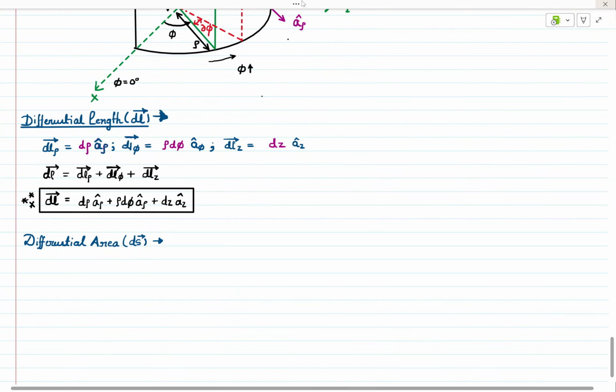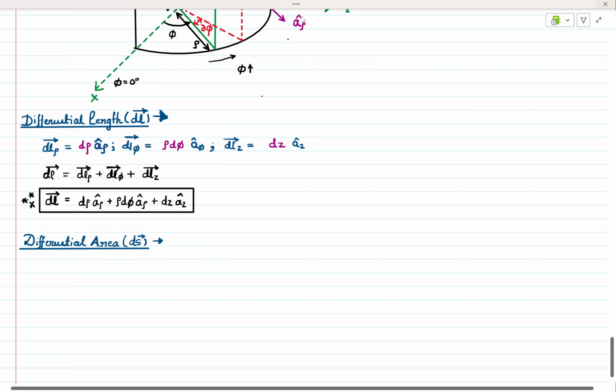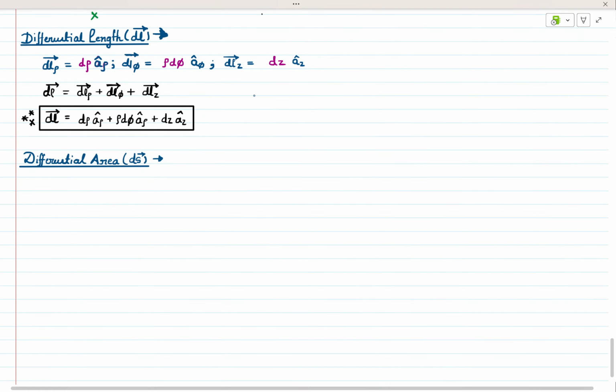And area is a vector quantity, because I have already shown how the direction of the area vector is given. The direction of the area vector is nothing but the perpendicular to that surface, right? So for this differential area, I have to draw the three areas first. Just a minute, give me some time.